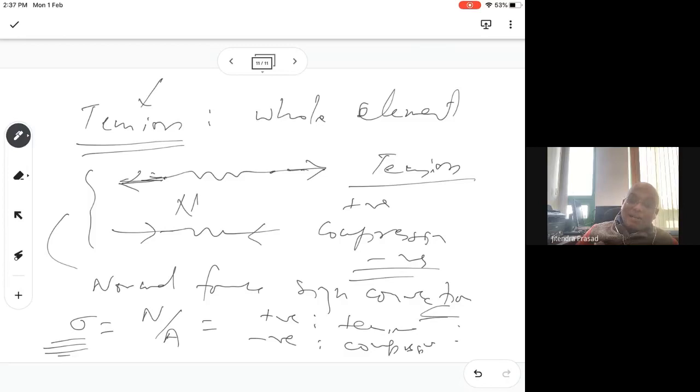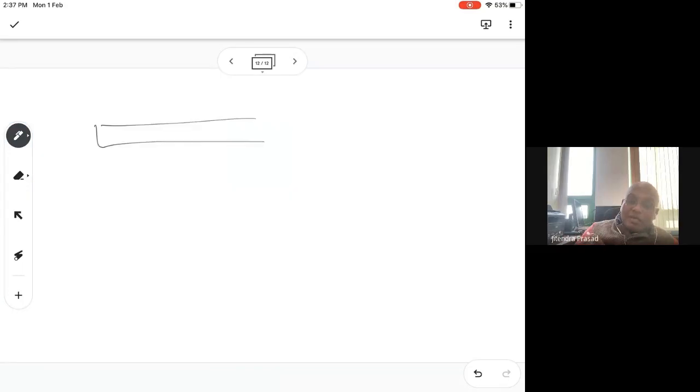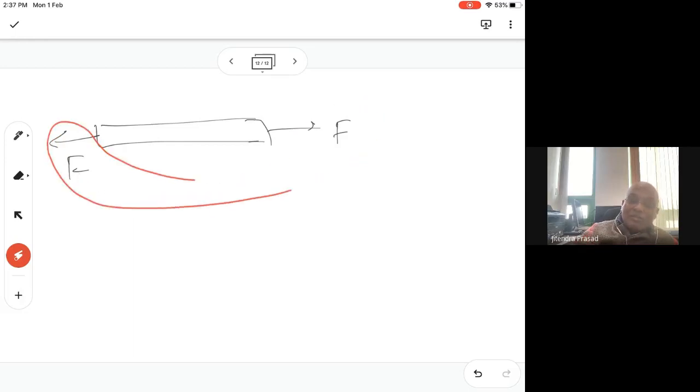So even if there is a bar here, and force F is applied at both ends, although the forces are in different directions, the stress is the same. Stress is positive only. You follow? Here the force is in the negative direction, here in the positive direction, but together they make a tensile force, and because of that, sigma is positive.